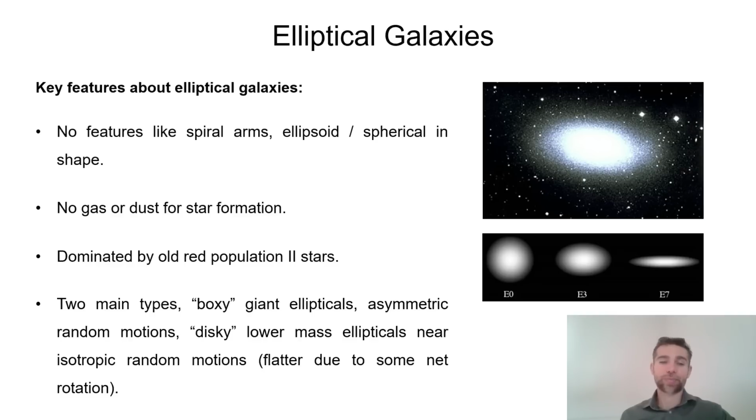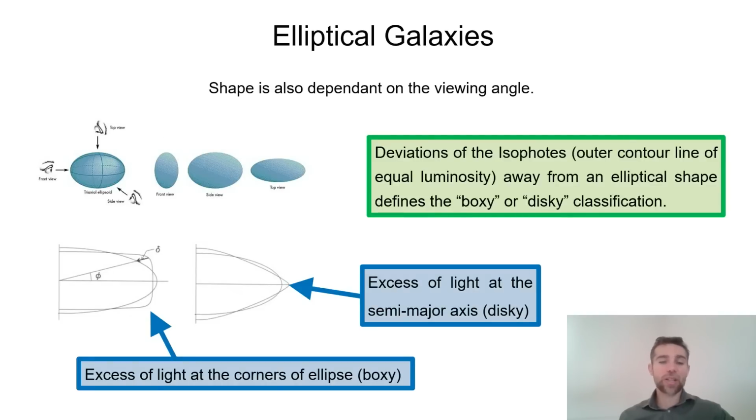So just to give you an idea of what the boxy and the disky ellipticals look like, it's just deviations away from these particular contours, which is a contour of the same surface brightness, and it can be more box-like and it can be more disc-like, but we're not too worried about this at the moment.